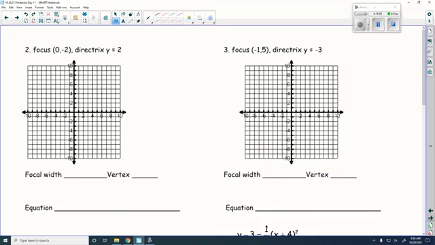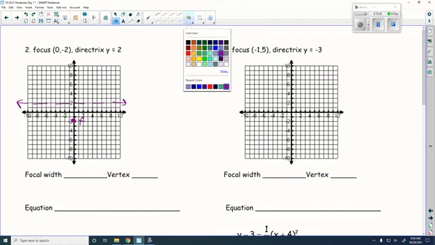All right, let's check. So your focus is at 0, -2. Label it. Your directrix is at 2. So your vertex should be halfway in between at 0, 0 again.